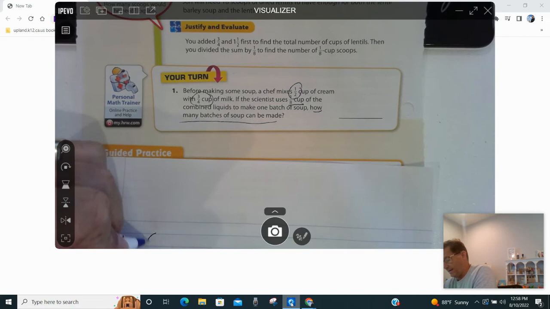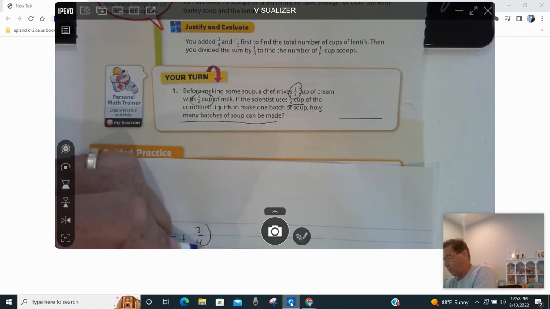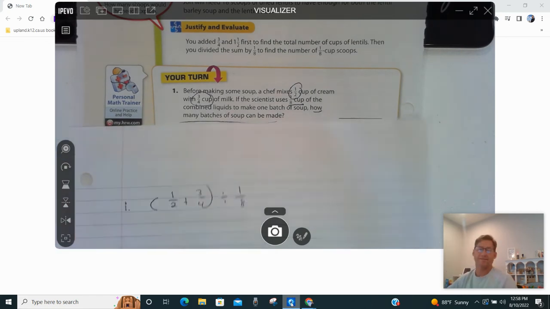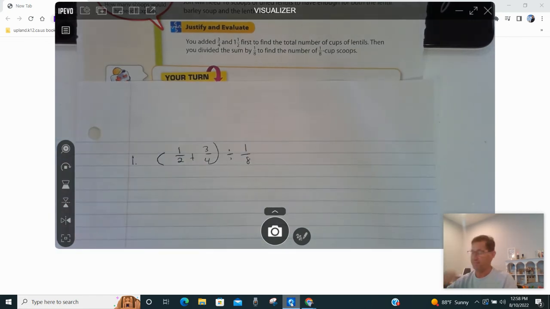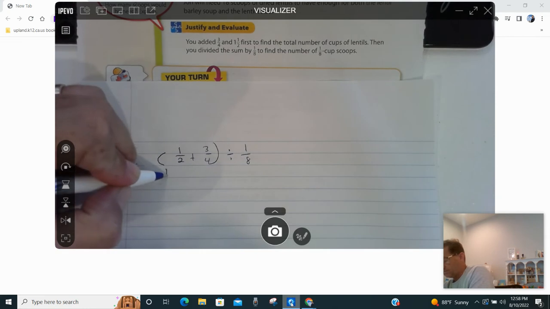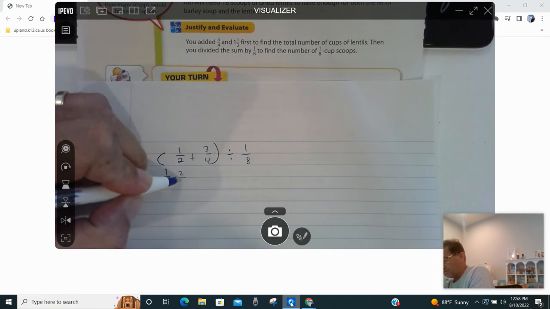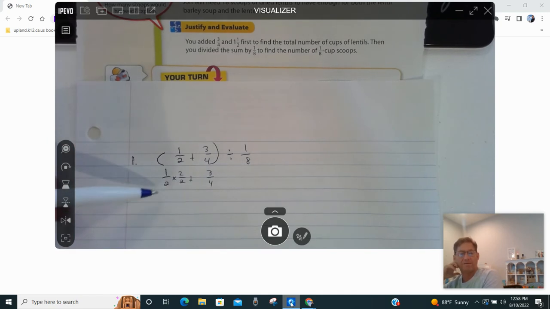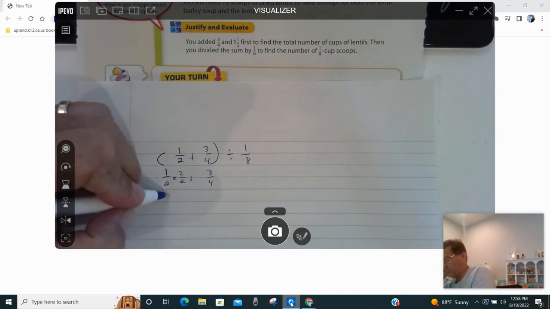So we're going to add 1/2 plus 3/4, and then we're going to divide by 1/8 to find the number of batches. I know that 1/2 can become fourths by multiplying by 2.